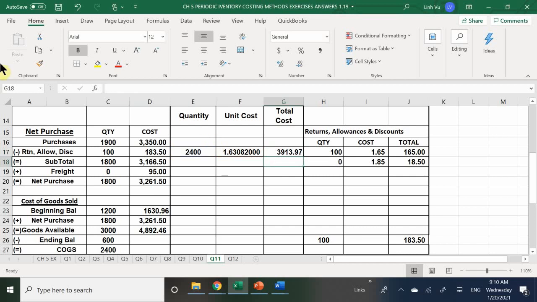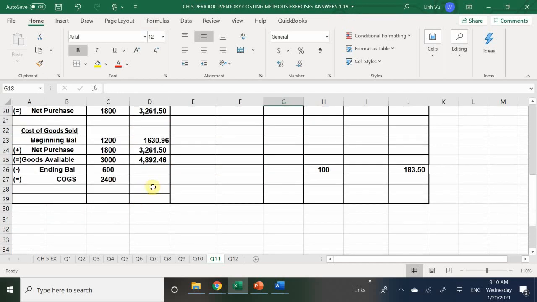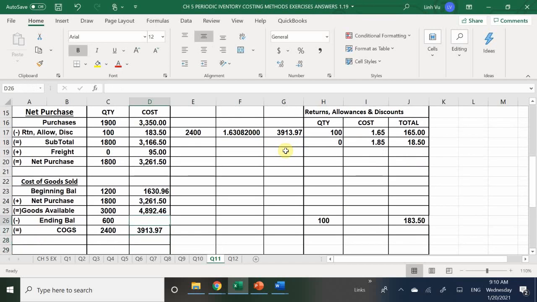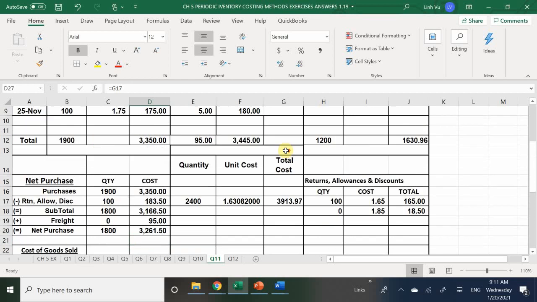Good. And we're going to plug that number in here. And what is my total ending balance? 978.49. Okay, good. So here we finally solved for our ending.